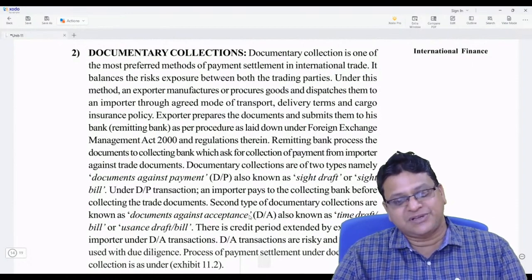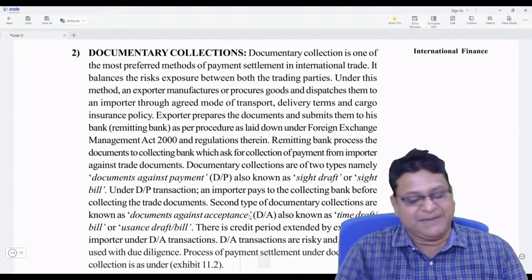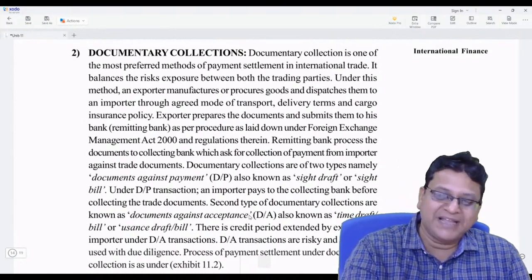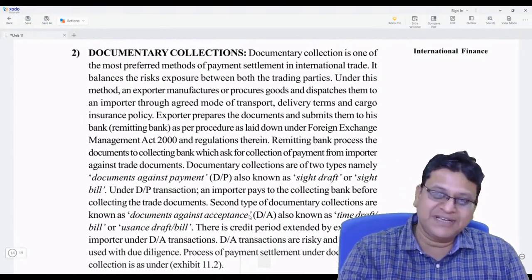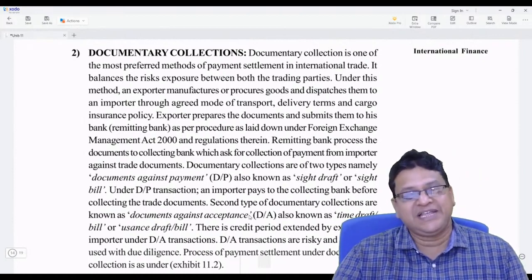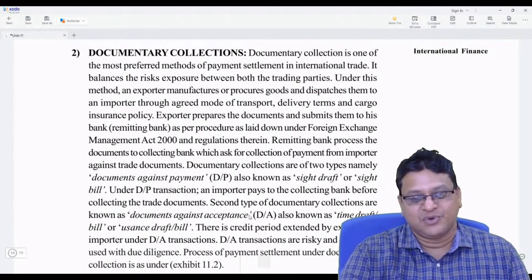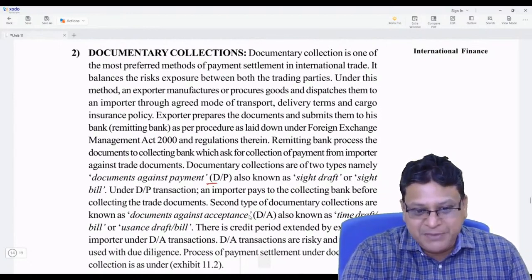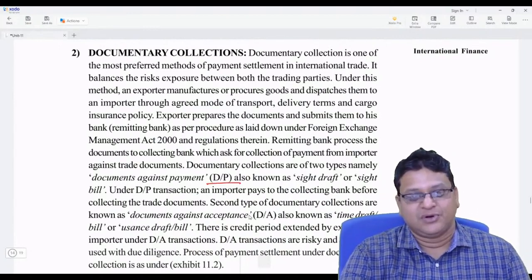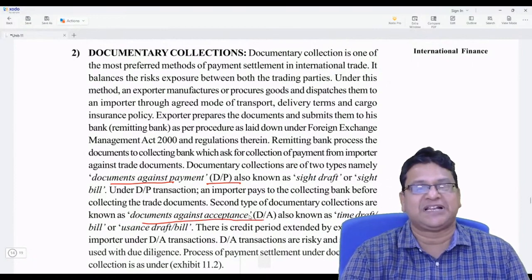You load the furniture on a railway and send the railway receipt to the person who buys the goods. This railway receipt is the document of title to the goods. The documentary collection method is of two types. One is the DP method, document against payment. Another is the DA method, document against acceptance.